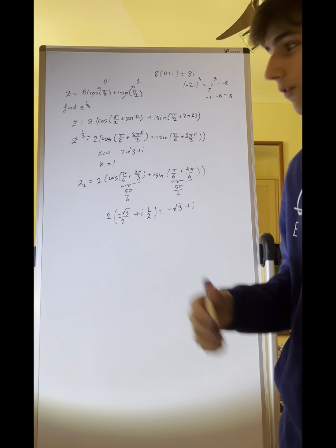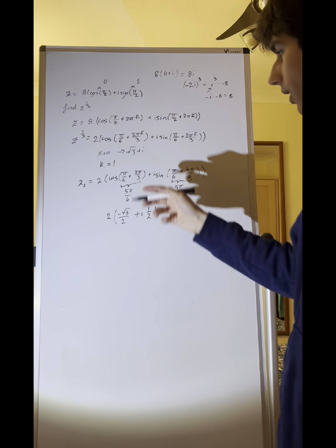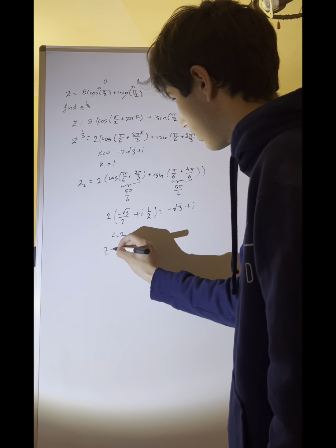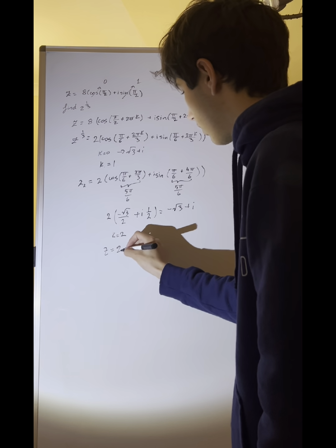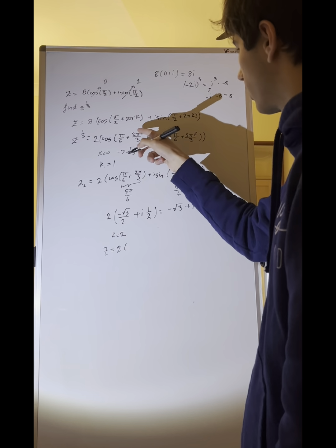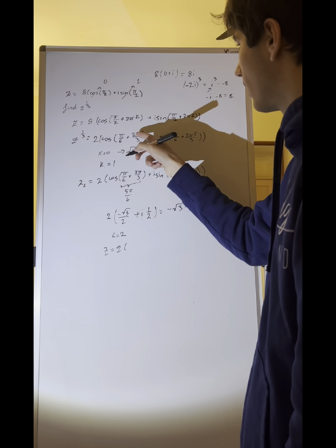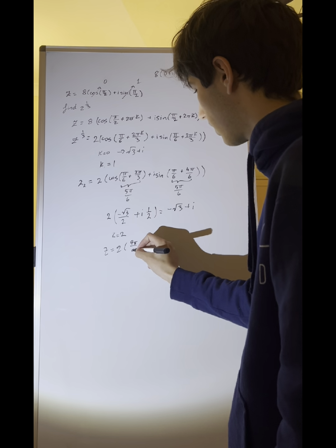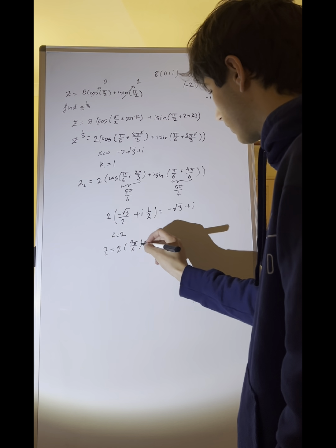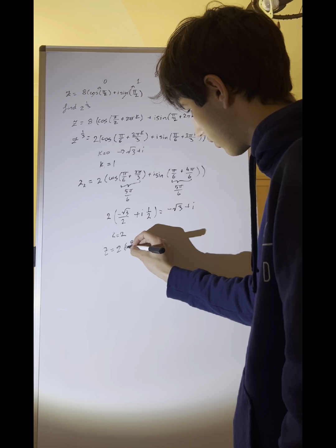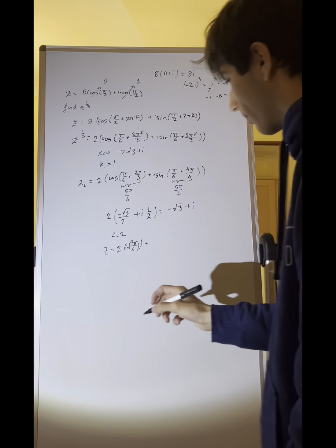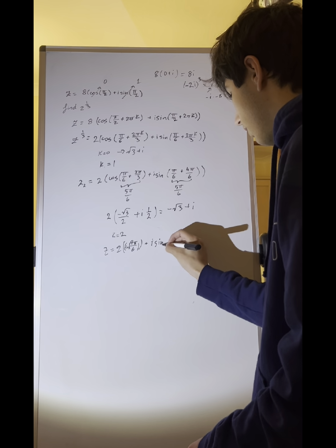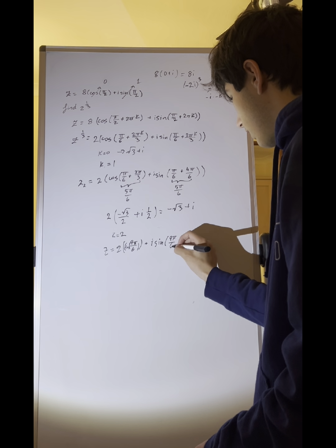But of course, we can also find that through just plugging in k equals 2. So k equals 2, we get z is equal to 2 times cosine of 9 pi over 6 plus i sine of 9 pi over 6.